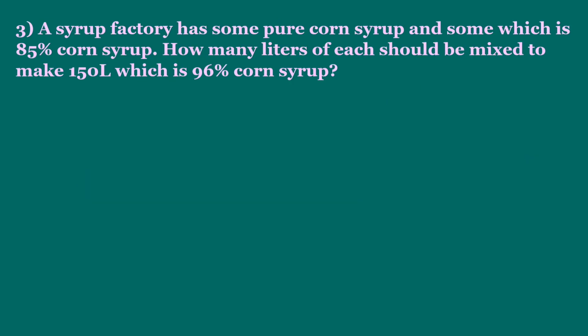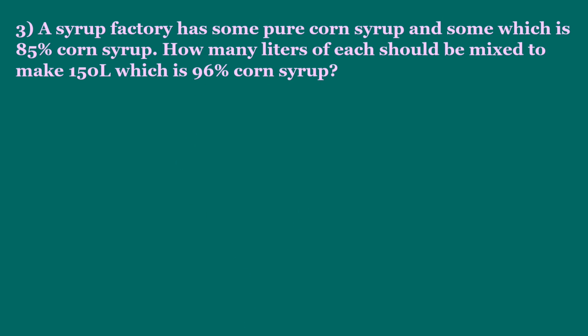Okay, let's move on to number 3. A syrup factory has some pure corn syrup and some which is 85% corn syrup. How many liters of it should be mixed to make a 150 liter, which is 96% corn syrup?